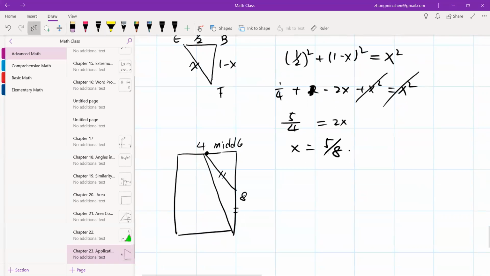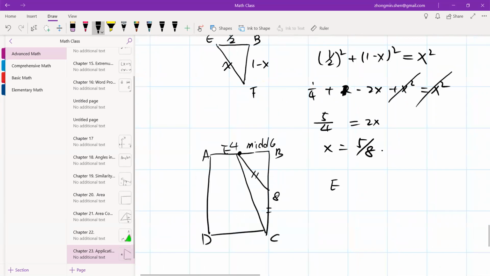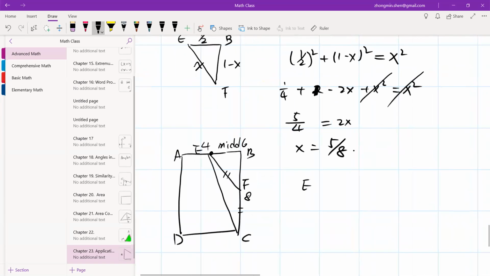Okay, and here's A, B, C, D, and E, F, right? EF equals FC, and you find the X, right?